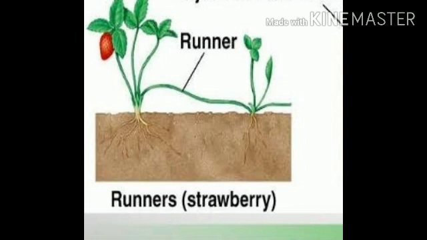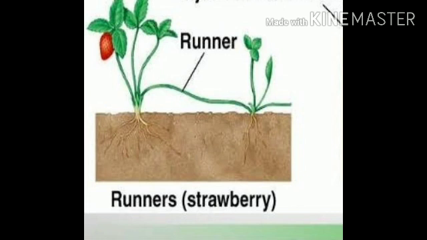When the original plant dies, the new modified stem gives rise to a new plant. So this type of stem modification is known as runner. Okay, so it goes to a new place and then it gives rise to a new plant.